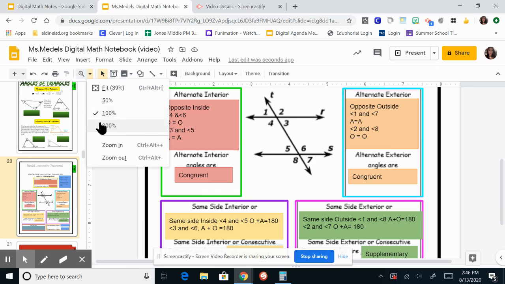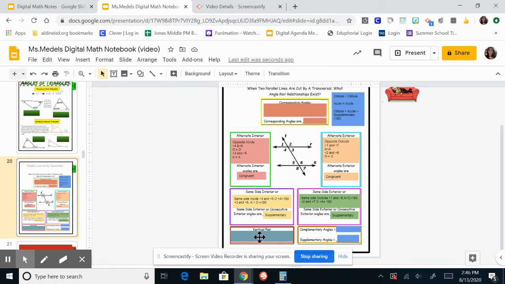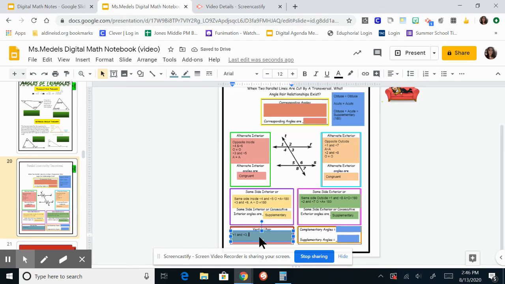And I am going to make this a bit smaller so we can see. So we said angle 1 and angle 3, and they are both acute. Then we have angle 2 and angle 4. Those are both obtuse. Then we have angles 5 and 7.